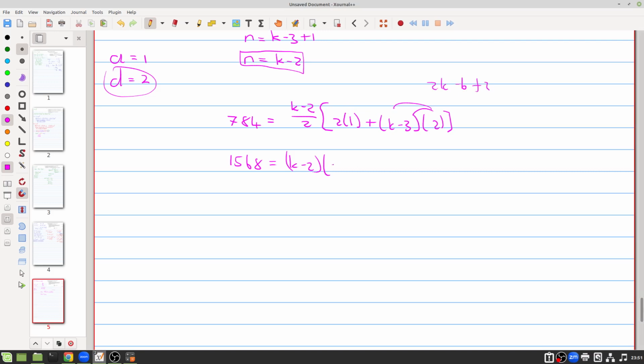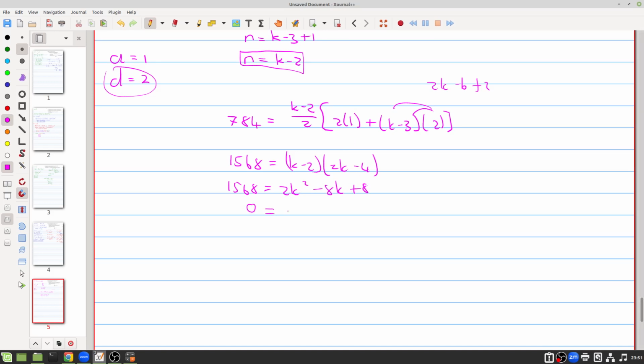So that's just 2k minus 4 in this bracket. Alright, let's multiply out the brackets. That's going to be 2k squared minus 4k, so minus 8k, and negative 2 times negative 4 is 8.